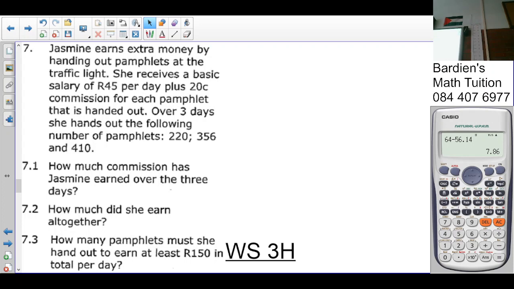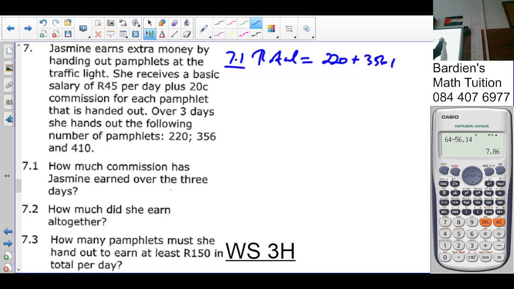So firstly I need to work out how many pamphlets she handed out. The total number of pamphlets is going to be 220 plus 356 plus 410. She got better over the days, no? These numbers are increasing, as you can see. 986 pamphlets in total that she handed out.